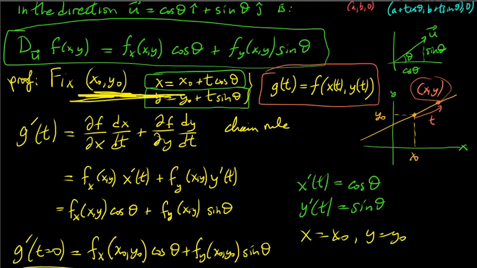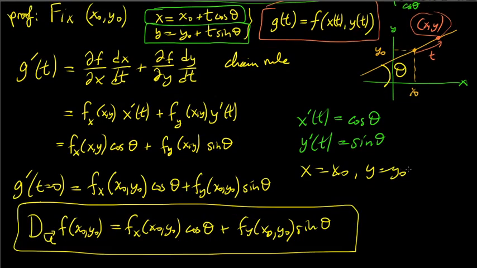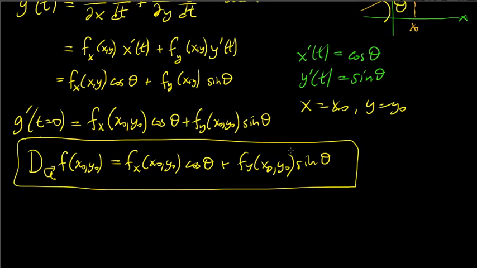We fixed that point right there. And the given direction is based on the unit vector u, which I didn't write down, but it's also the angle theta. Right? So it's this angle here in the xy plane. Got it? All right, so I think that does it. That's right.